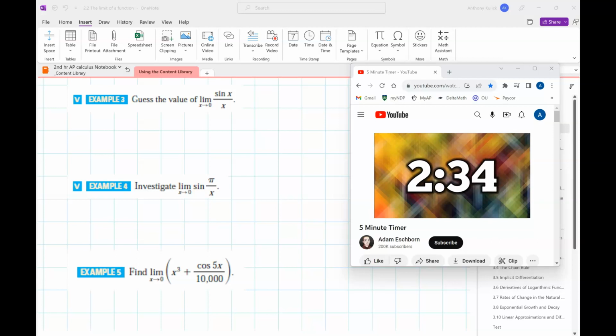I would say it doesn't matter other than you have to be careful about your window or your scale when you're graphing. If you're doing degrees and you're trying to look at a graph, you shouldn't be using negative 2 pi to 2 pi. You should be using negative 360 to positive 360, or else you're not going to get the right picture.